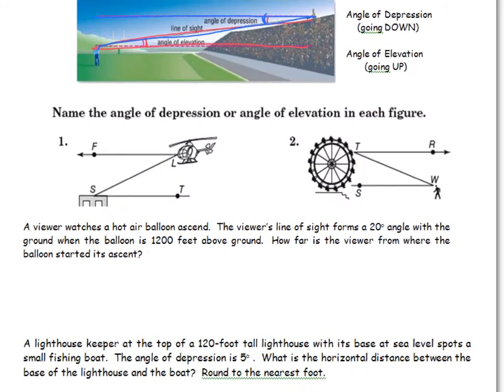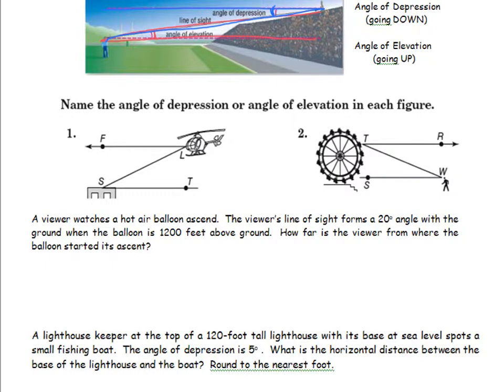So here we have a picture of an angle of depression. We've got someone in the helicopter looking down from that horizontal line, creating this angle of depression right here. Now, what angle is that? Angle L. We can name it with one letter because it's the only angle with that vertex.